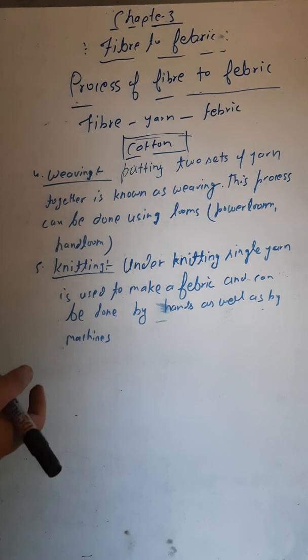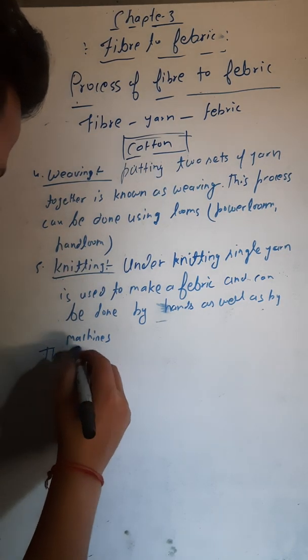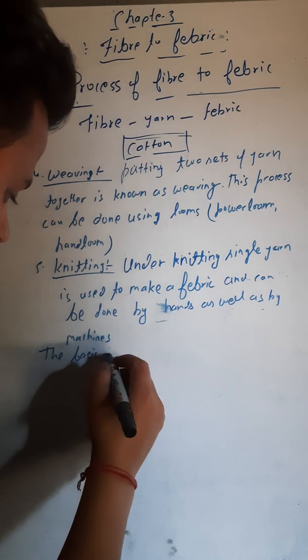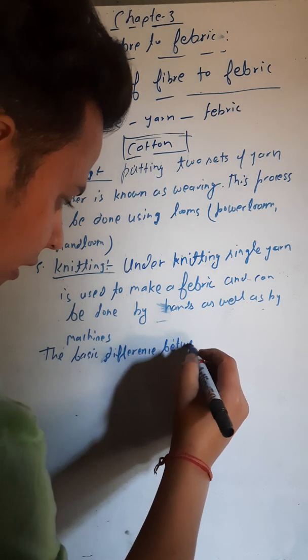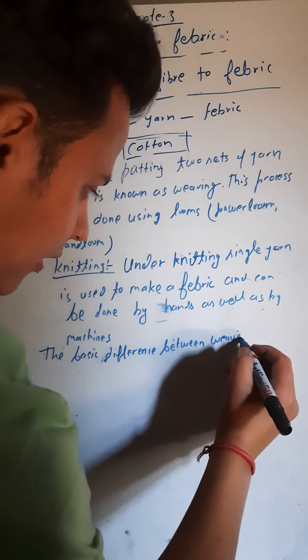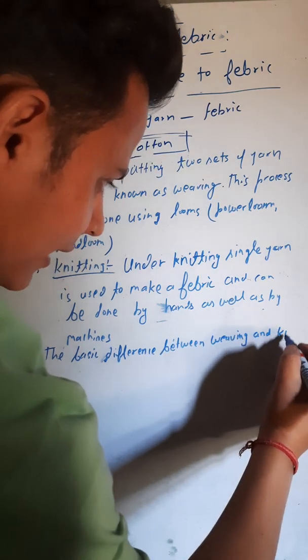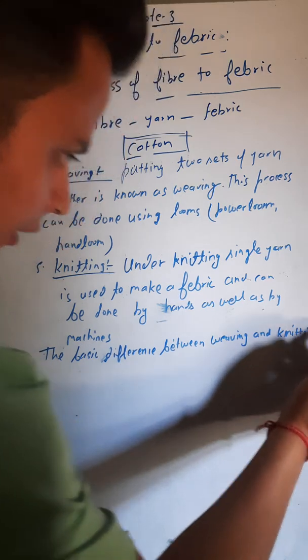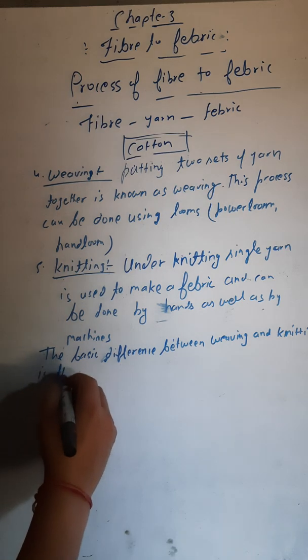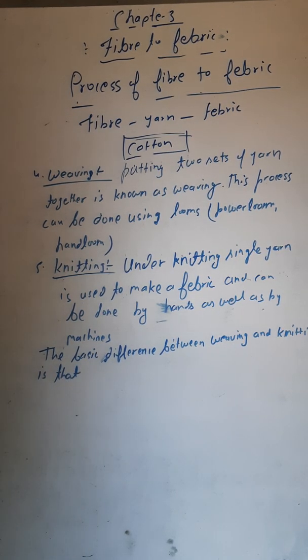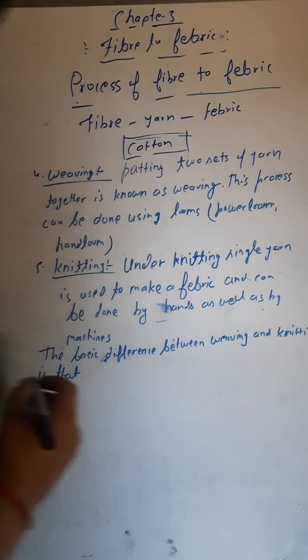Okay, so if you are asked the basic difference between weaving and knitting, you can write this: the basic difference between weaving and knitting is that under weaving we use two sets of yarn and we interlock them.